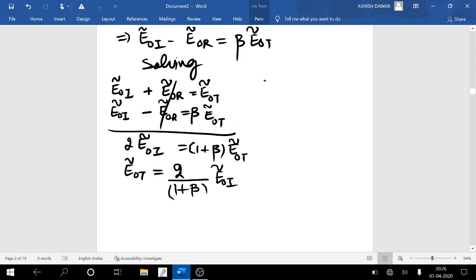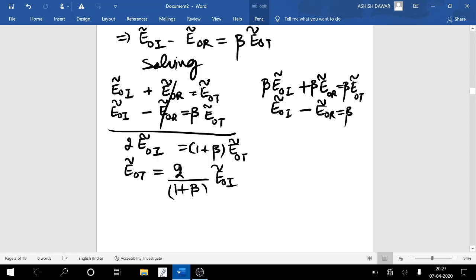So first we multiply equation 1 with beta. Beta E0I plus beta E0R equals beta E0t. Second equation is E0I minus E0R equals beta E0t. So when subtracting, this term cancels out.